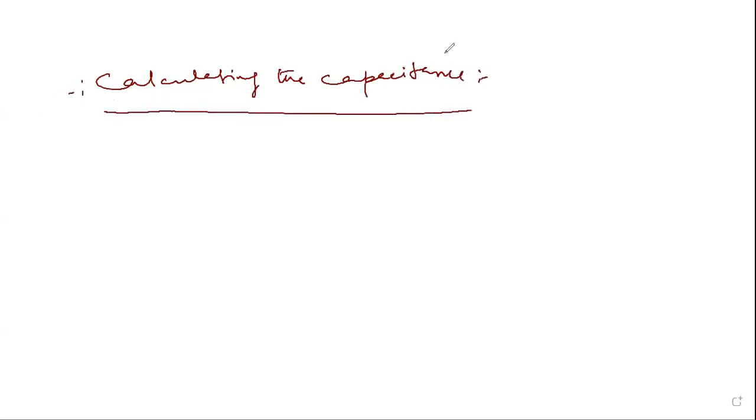So I write, calculating the capacitance, continued.